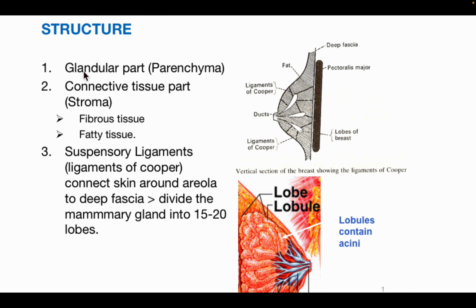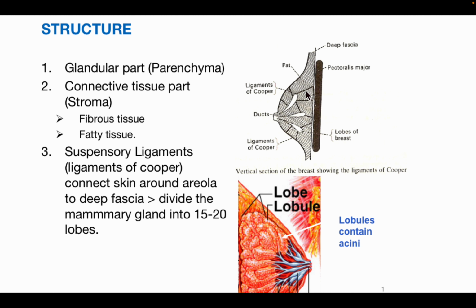Now let's know about the glandular part. This glandular part is known as the parenchyma. There is a connective tissue part, the stroma, which includes fibrous tissue as well as fatty tissue, and there is a term known as the suspensory ligament of Cooper. Keep in mind, this is neither the superficial part, or the skin, nor the deep fascia.